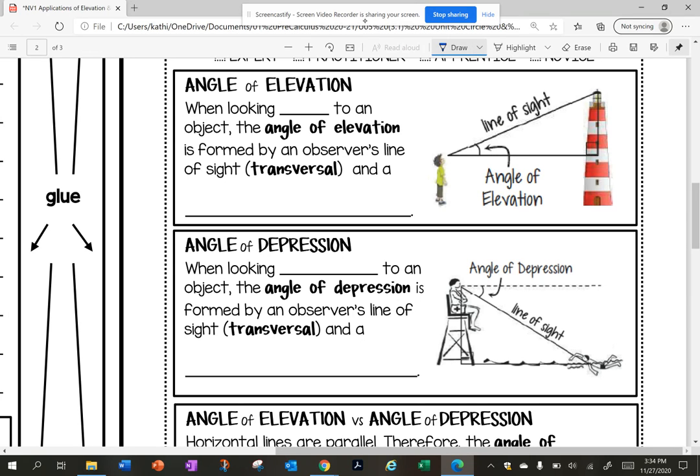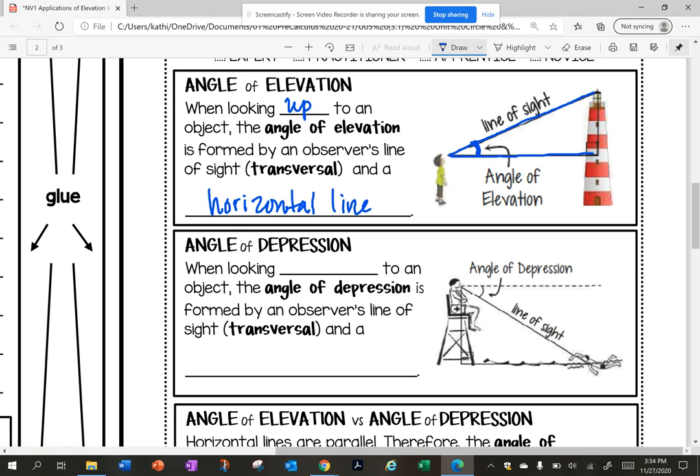When looking up to an object, the angle of elevation is formed by an observer's line of sight, called the transversal, and a horizontal line. So here is my angle of elevation.